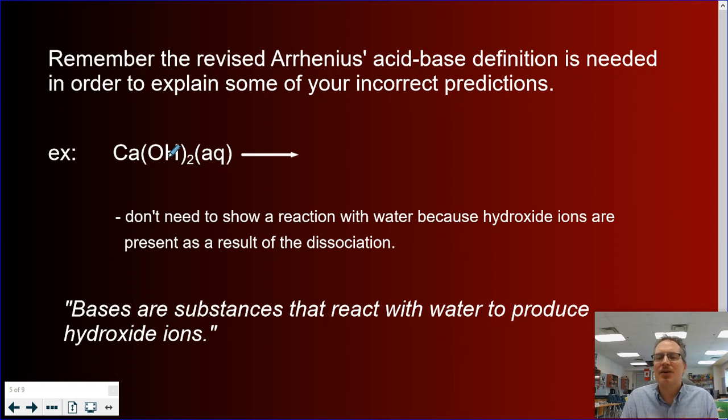I can see it. So anytime we have something that already has hydroxide in it, it's very, very easy. All we have to do is dissociate. So things like lithium hydroxide, strontium hydroxide, rubidium hydroxide, or in our case, calcium hydroxide, they will just dissociate into their ions.